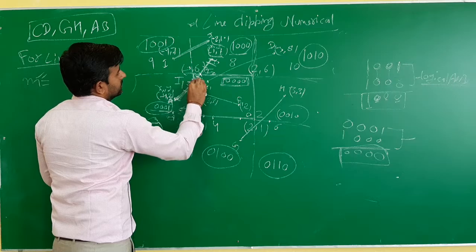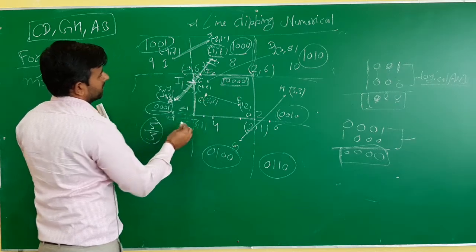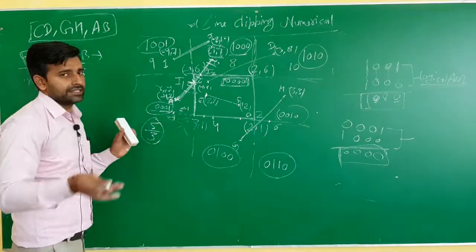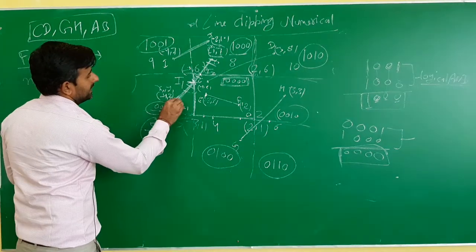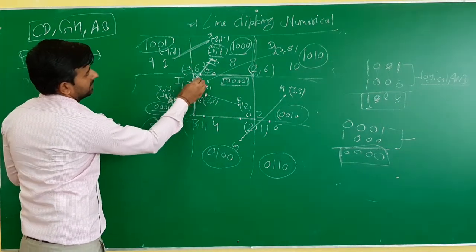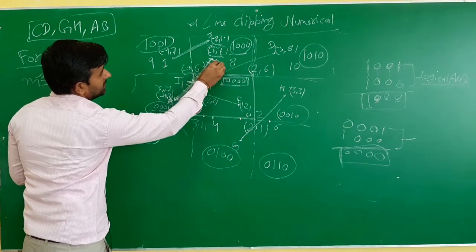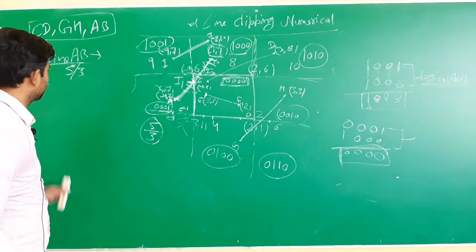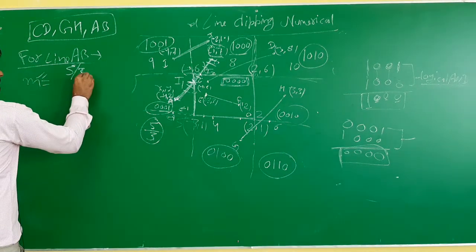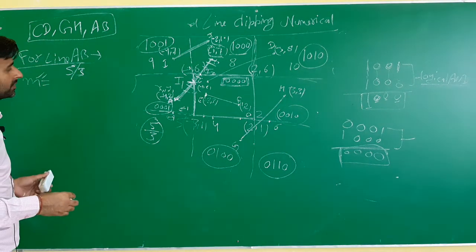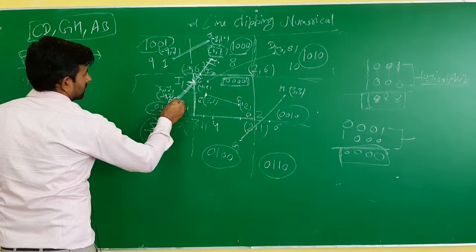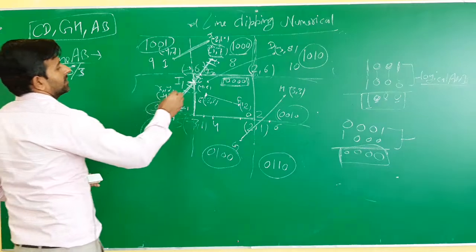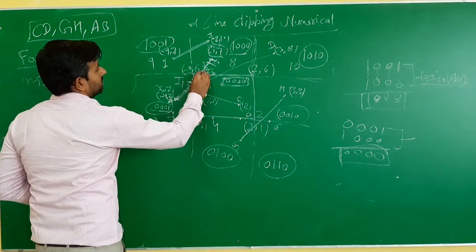Now for this we get three sections of this line: line A I1, line I1 I2, then line B I2. Clear? Now for the line, first of all we will find the coordinates of I1 and I2.